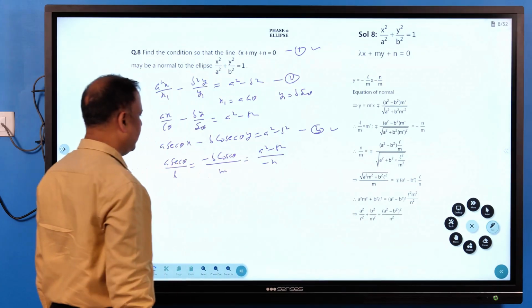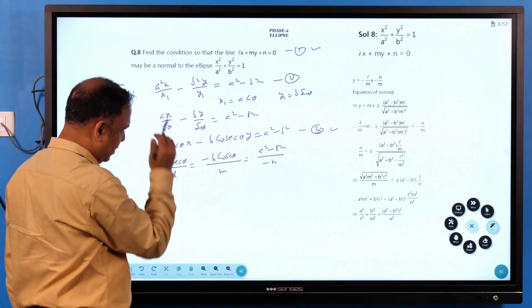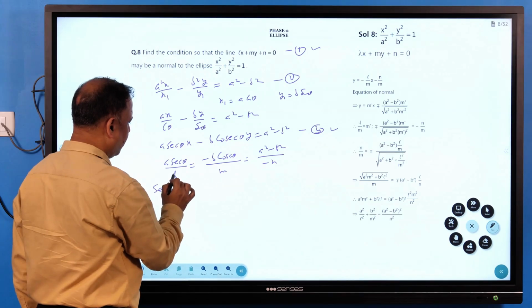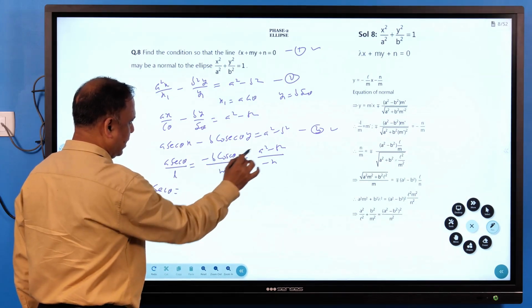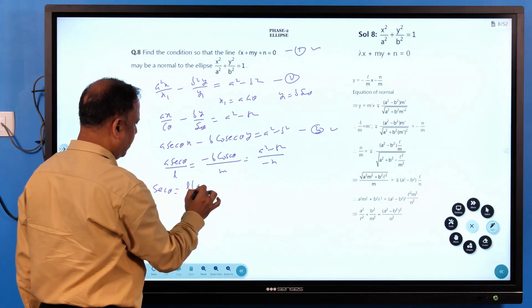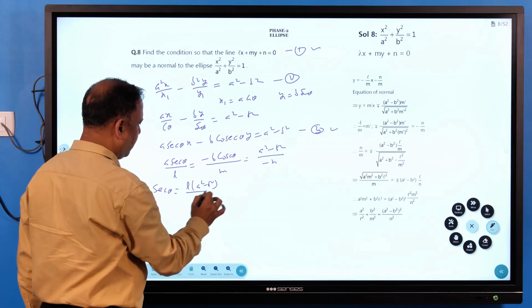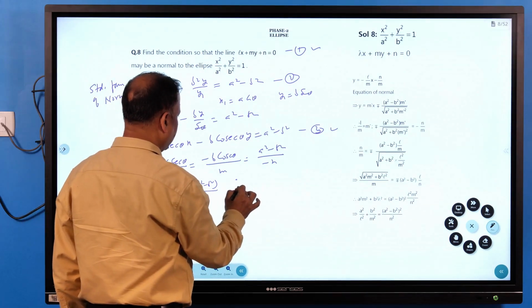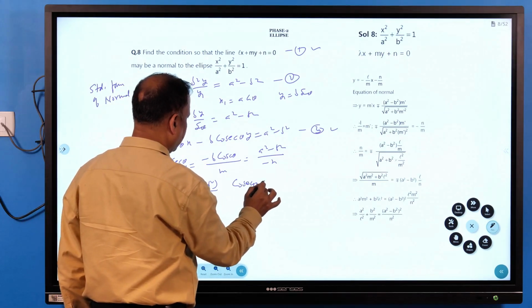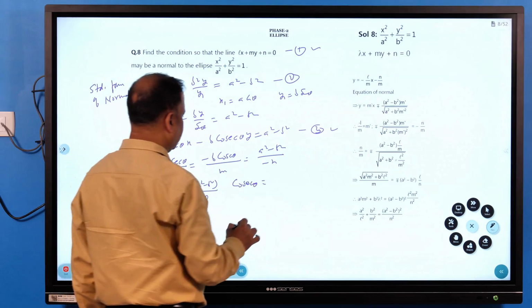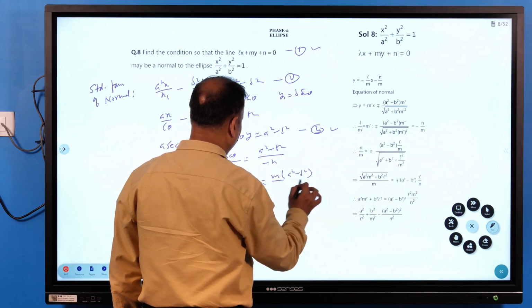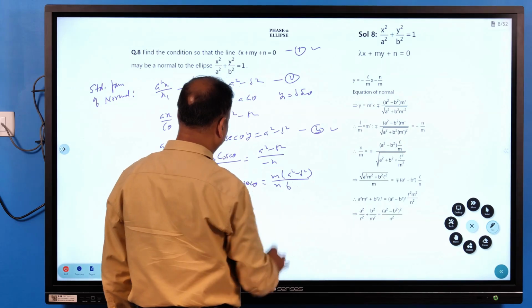Transferring this term to this side, from here you can calculate sec theta is equal to n a square minus b square upon a l, and cosec theta, minus minus will cancel, is equal to m a square minus b square upon n b.